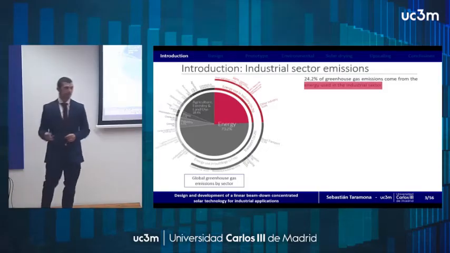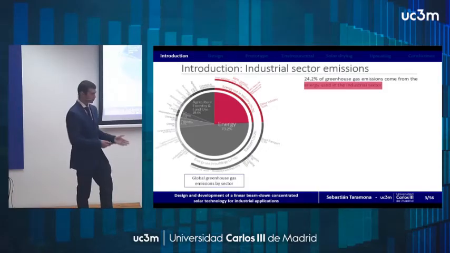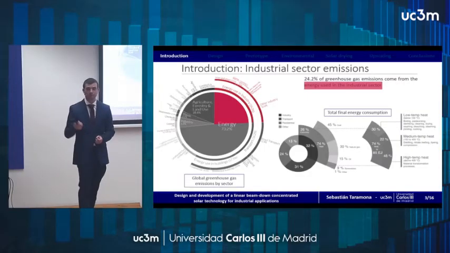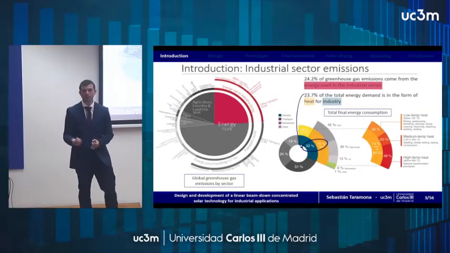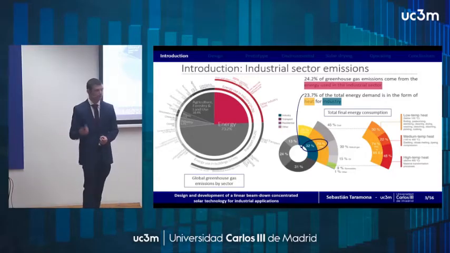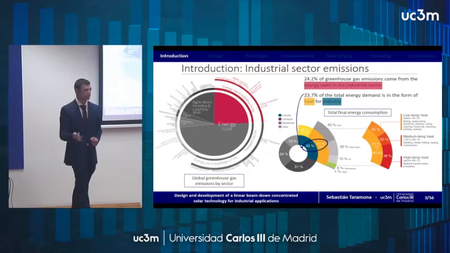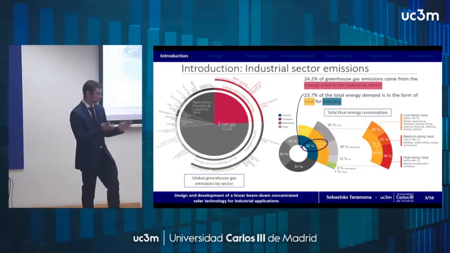On the other hand, if we look at the energy demand of these same industrial processes, we can see that from total final energy consumption, the energy demand for industry accounts for around 23.7%, specifically the heat demand.